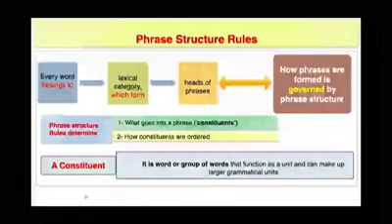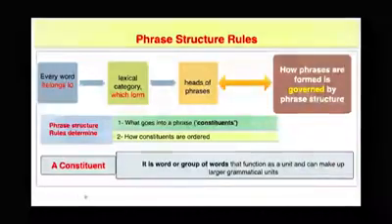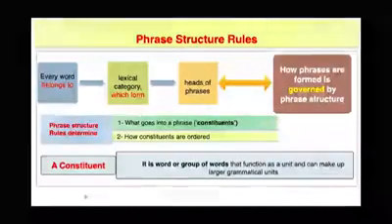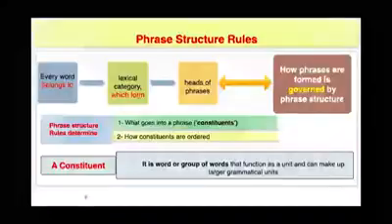During constituency, we wondered if the nice car constitute a constituency, meaning whether they formulate one unit or not. And as we said, the best way to do this is via the constituency test. Or another way is to draw trees.